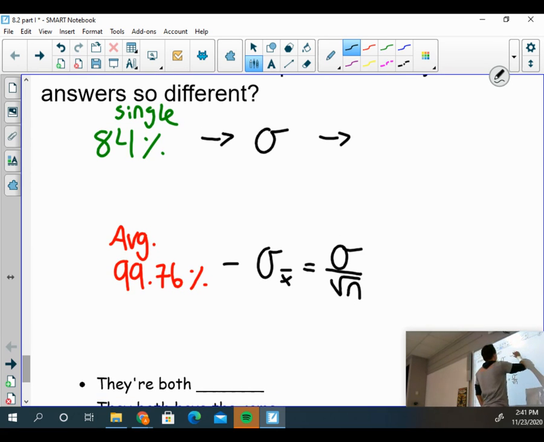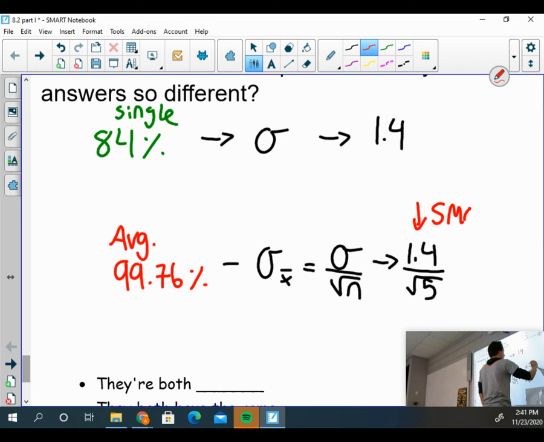Well, look at the physical numbers. 1.4 versus 1.4 divided by the square root of 5. This guy is smaller. Your standard deviation for your distribution of sample means was smaller because you divided by the square root of 5.